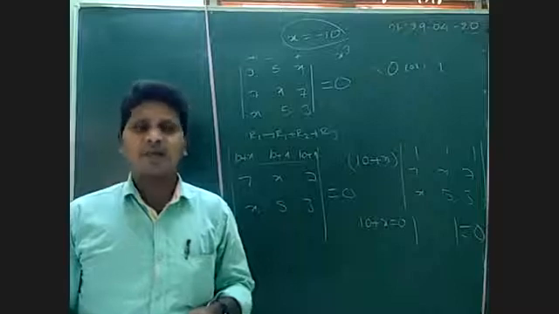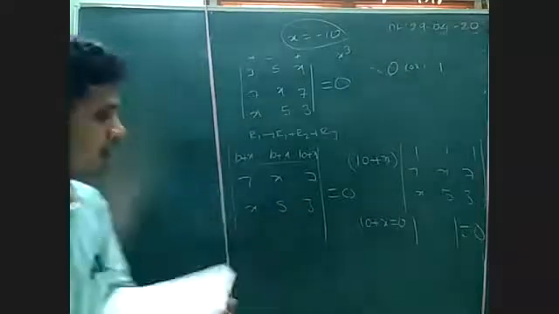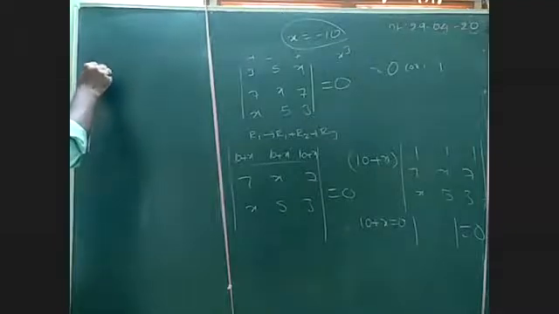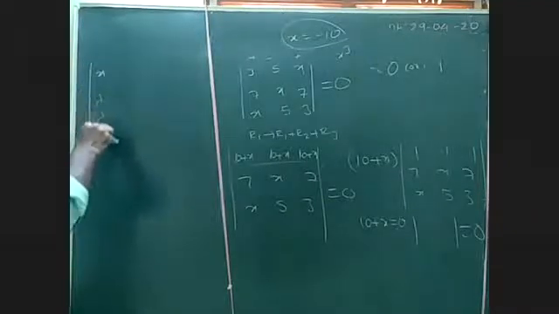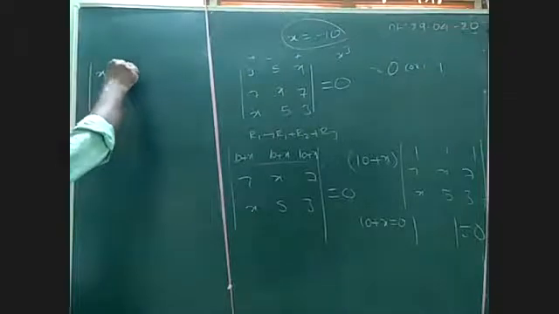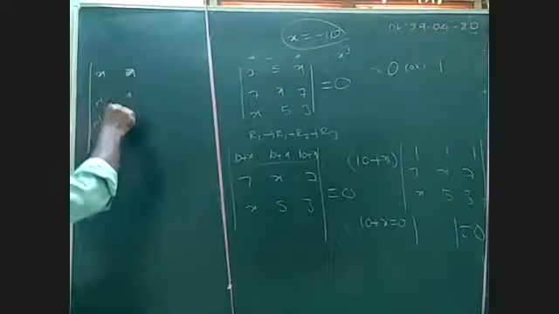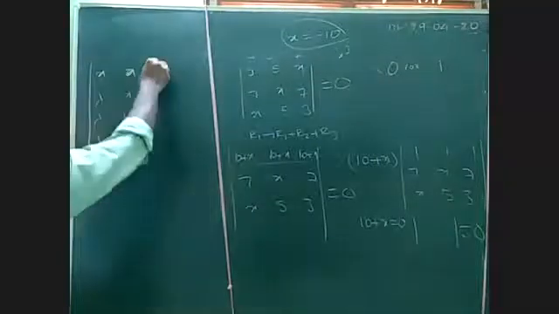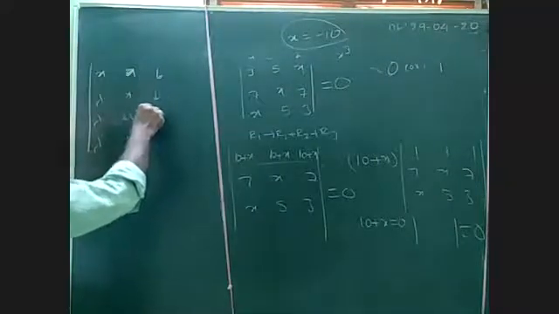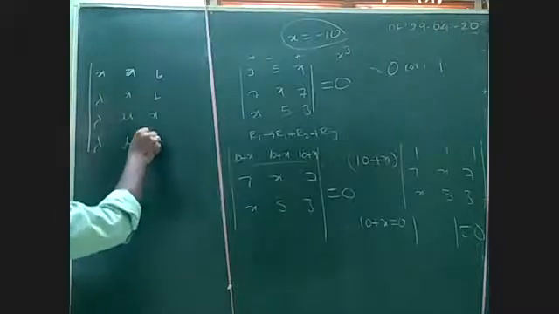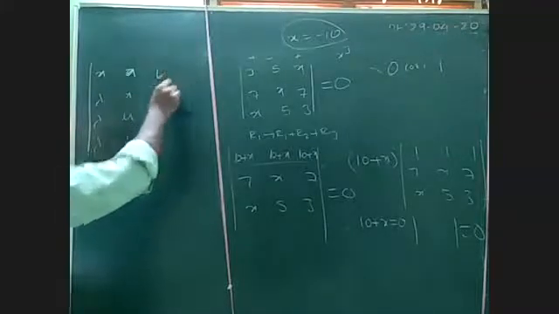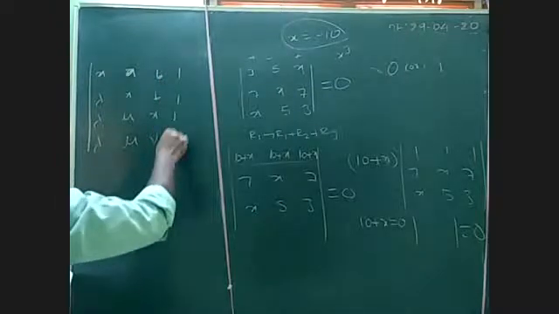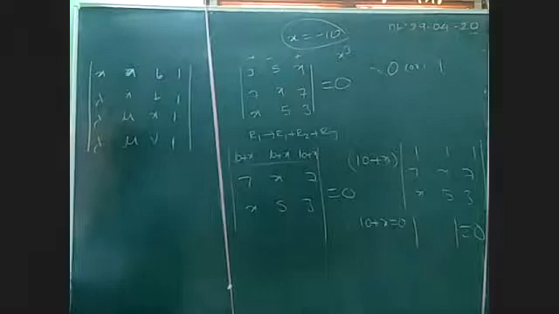So we can apply the transformation. Okay, let's see here. They gave x lambda and x mu and b x mu, I mean v, 1, is equal to 0.